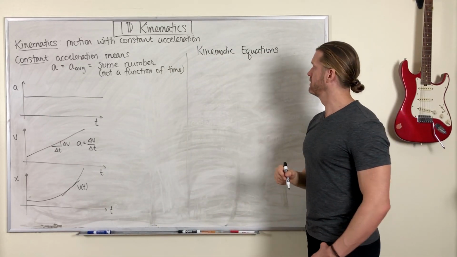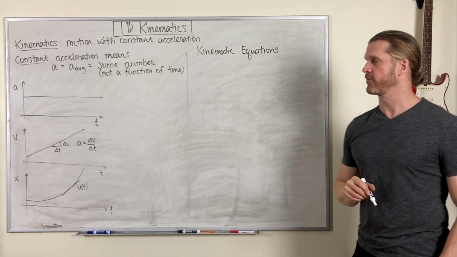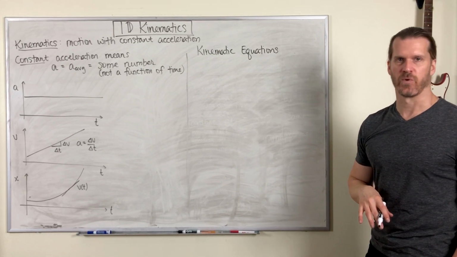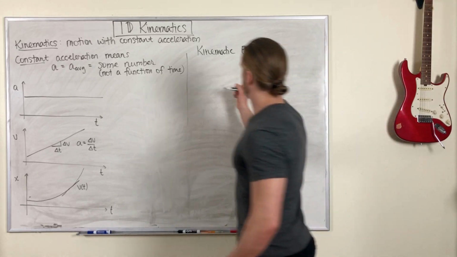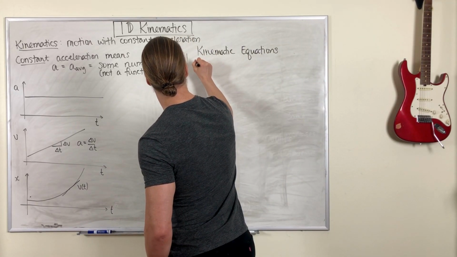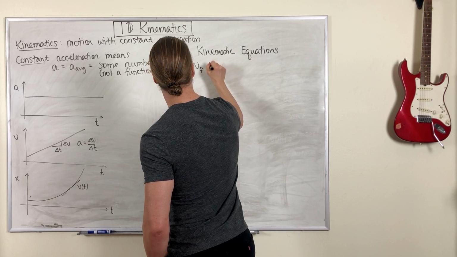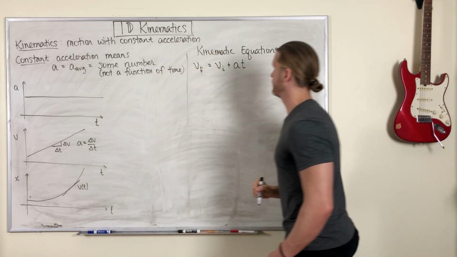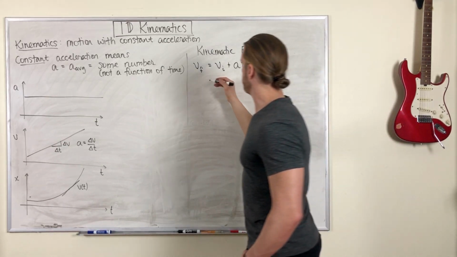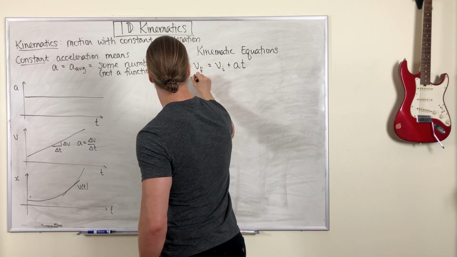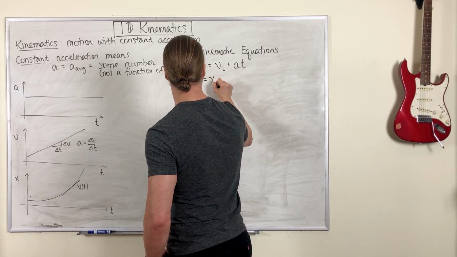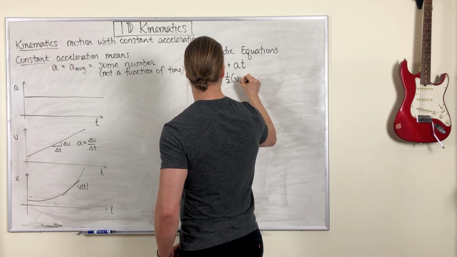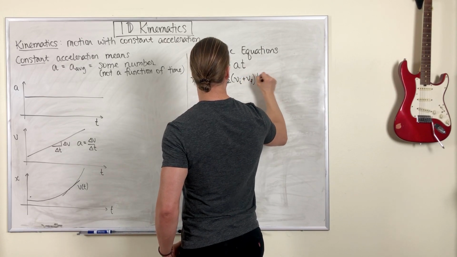Okay, I like to write 4 kinematic equations. Your textbook, I think, writes 3, but they can all be derived from one another. So here's the first one. It says v final equals v initial plus acceleration times time. Second kinematic equation, x final equals x initial plus 1/2 (v initial plus v final) t.